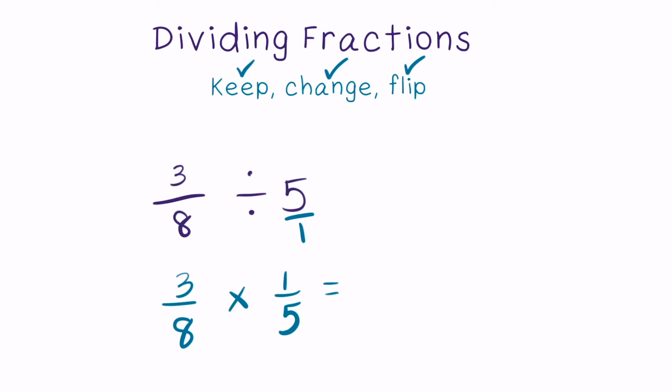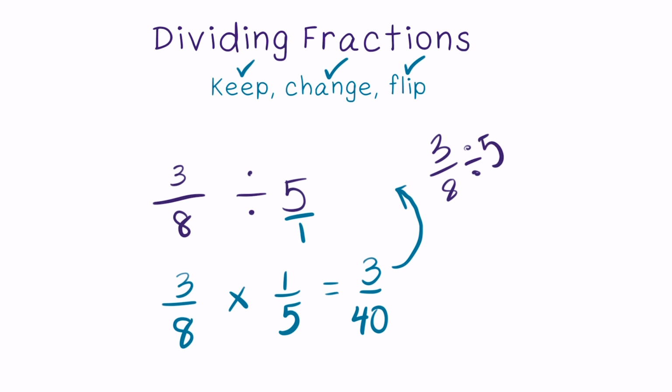Now that we've completed all 3 steps, we can multiply the numerators. 3 times 1 equals 3, and then multiply the denominators. 8 times 5 equals 40. We have our answer here, which we can apply back to our original equation, and we can determine that 3/8 divided by 5 equals 3/40.